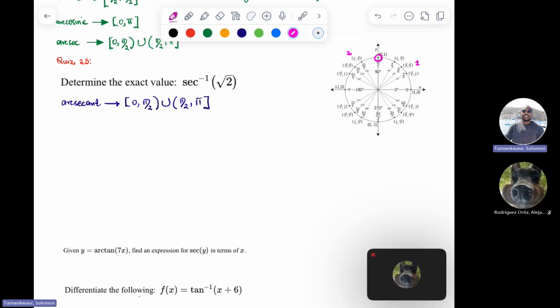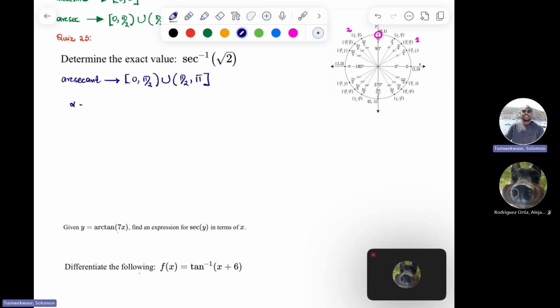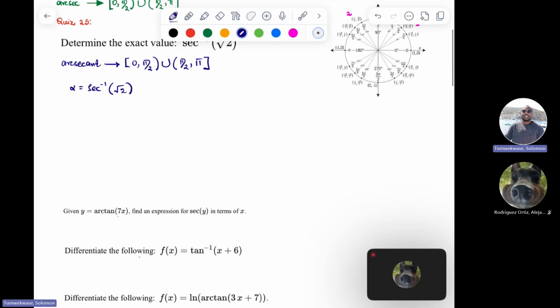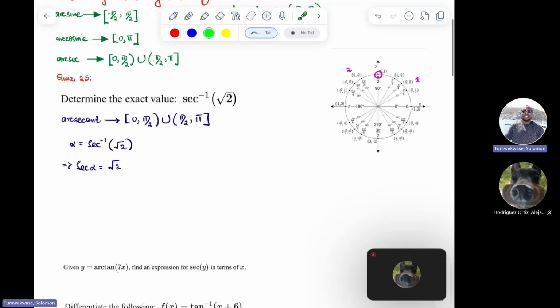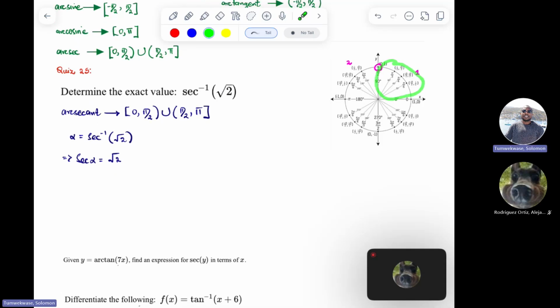Now, if I have something like this, then what they are asking for is, can you find an alpha such that it is equal to the arcsecant of square root of 2? When I have that, this means that sec alpha is equal to square root of 2. Now, we've determined that it is in the 2 quadrants, but check that in this particular question, secant of alpha is positive.